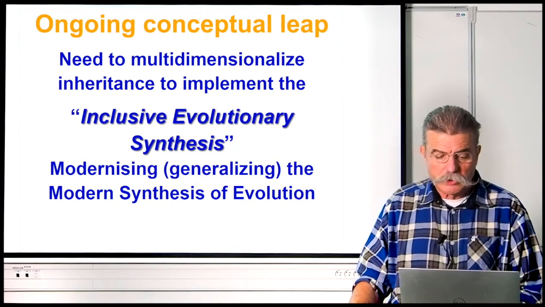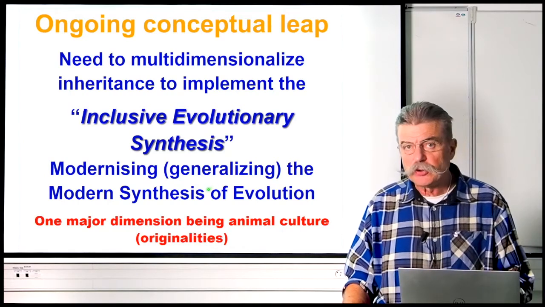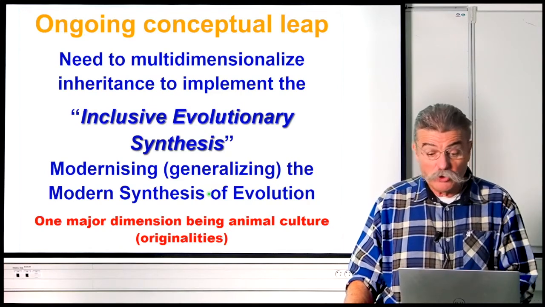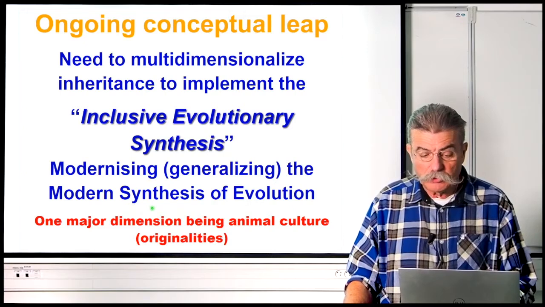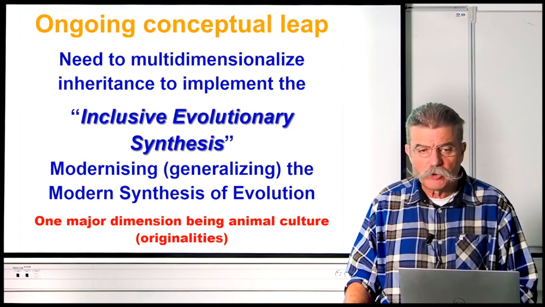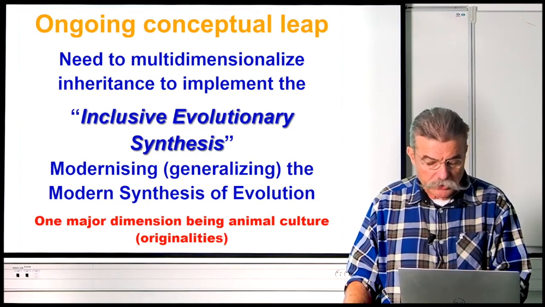And of course, it should be generalized in order to include any kind of process we are aware of that produces parent-offspring resemblance. And one of them, of course, is animal culture, which, as we've seen, has unique properties that are likely to strongly affect the process of evolution itself.